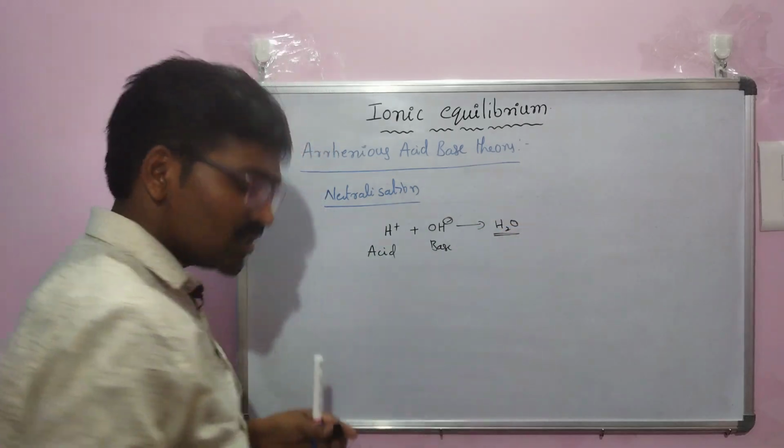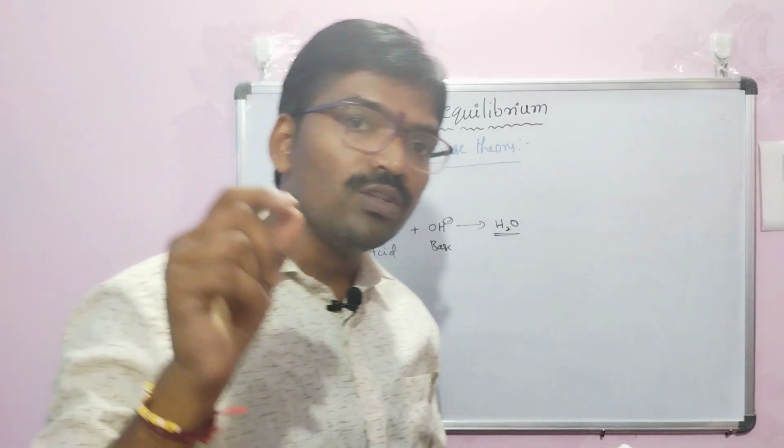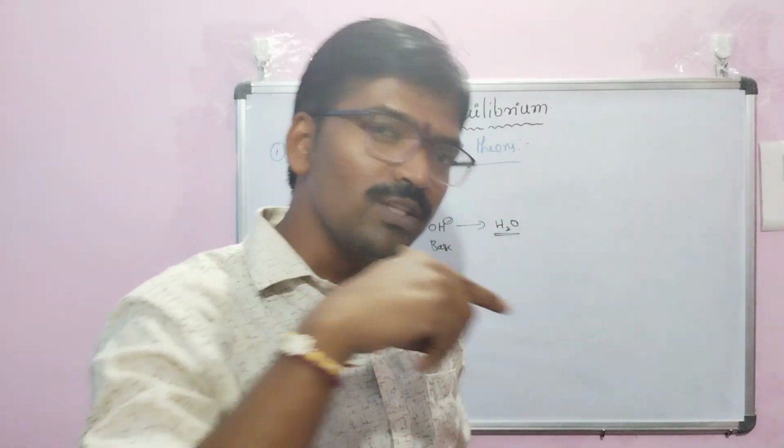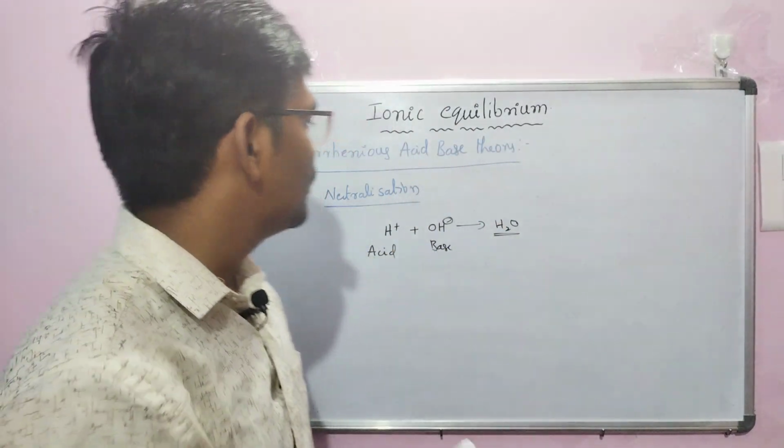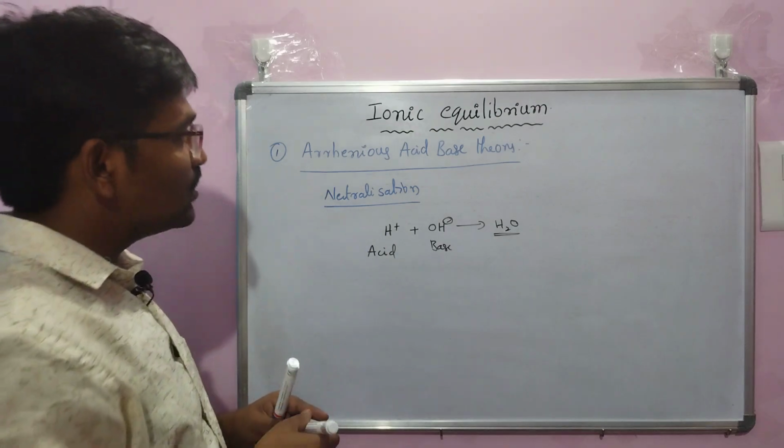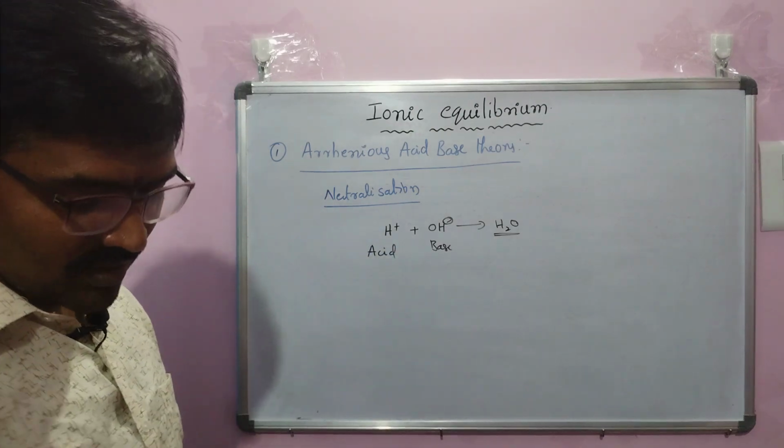The acid releases H plus ions, the base releases OH minus ions, and both combine to form H2O. This formation of H2O from H plus and OH minus ions is called neutralization. So this is about the Arrhenius acid base theory.